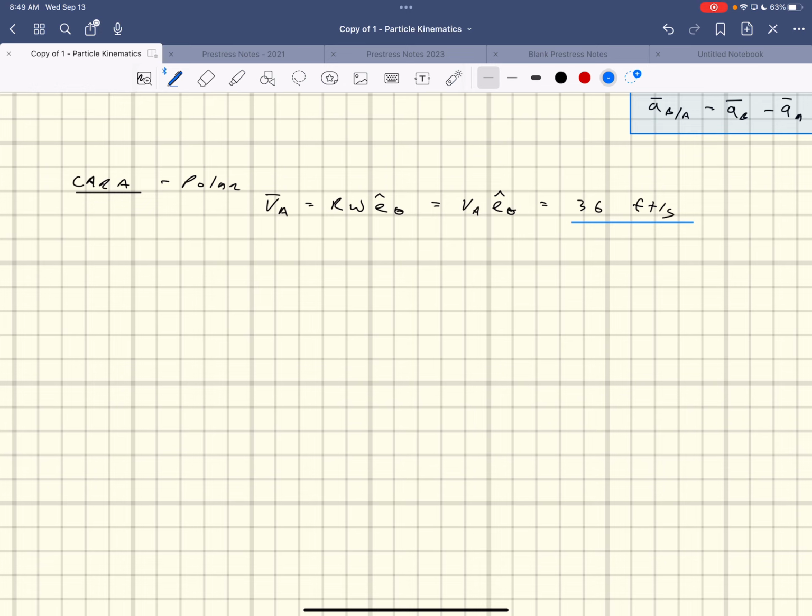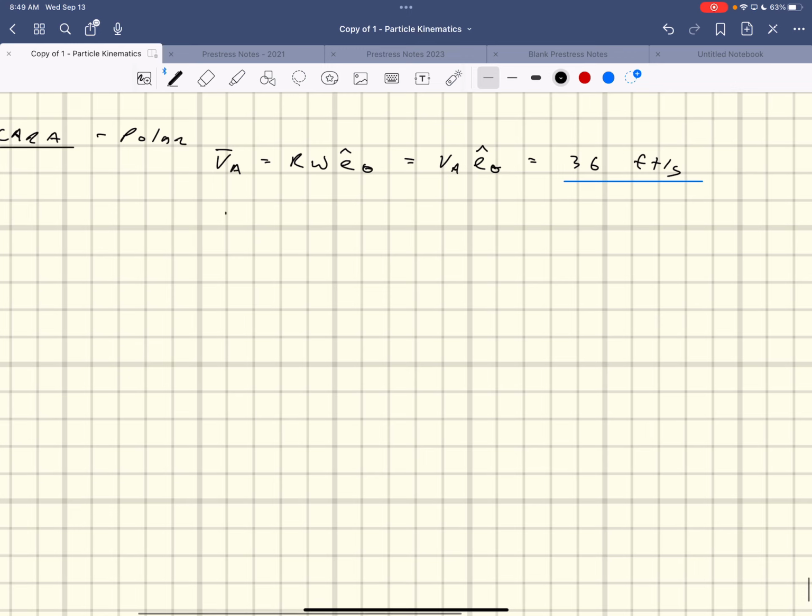Okay, acceleration of A. That's going to be equal to r alpha in the e theta direction, minus r omega squared in the eR direction. It's constant velocity, so the alpha term is 0. There's no acceleration there.